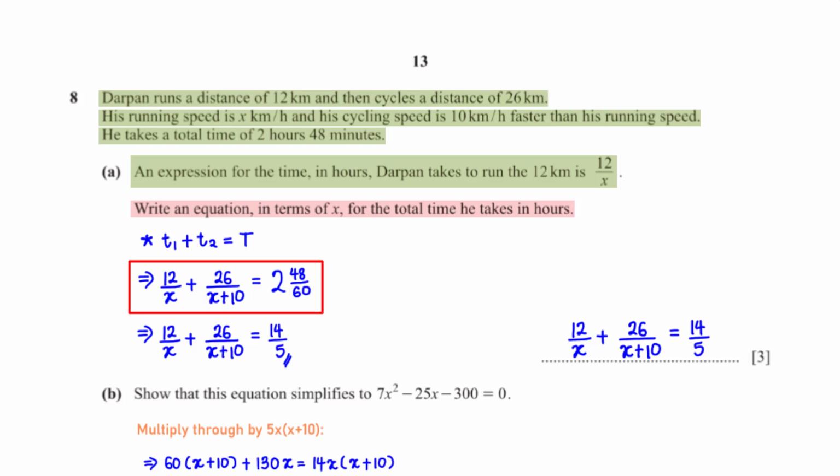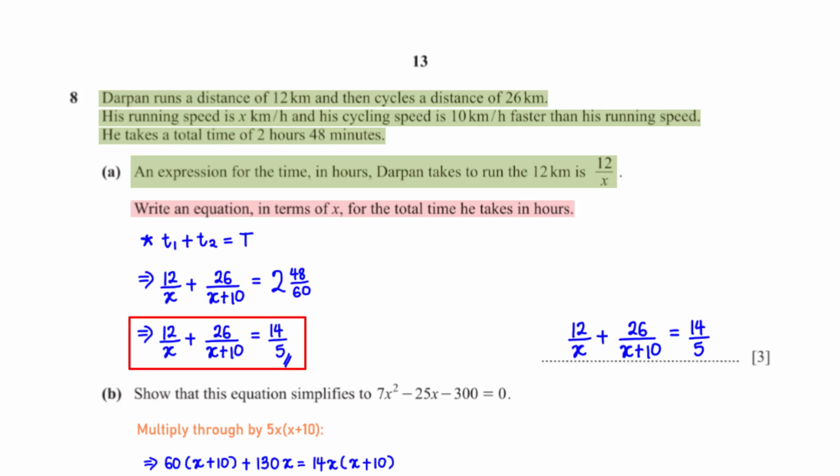To get the time duration for each part of the journey, we divide the distance by the speed. We've already been given the time for the first part as 12 over x. To get the time for the second part of the journey, we simply divide the distance, which is 26 kilometers, by the speed, which is x plus 10 kilometers per hour. 2 48 over 60 simplifies to 2 14 over 5.